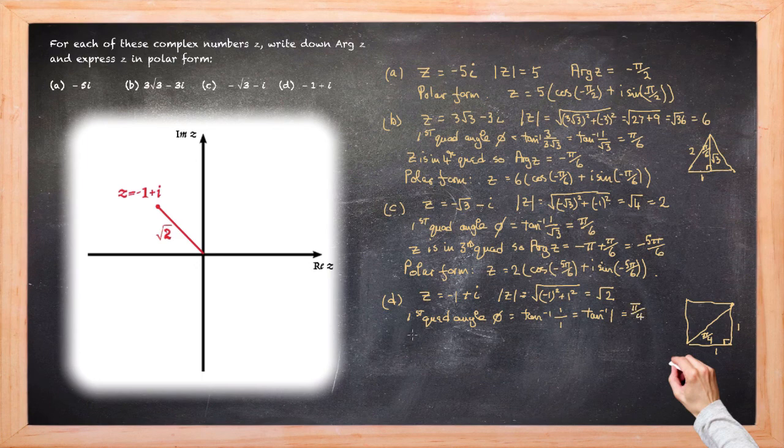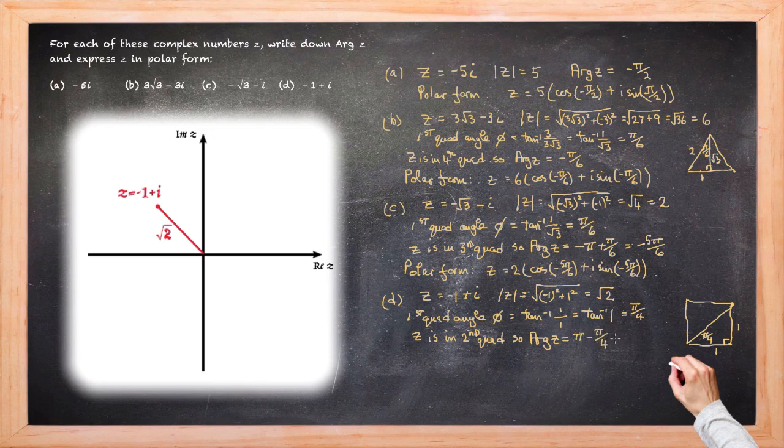Now where is z? It's in the second quadrant. And remember, to get the principal value of the argument in the second quadrant we go all the way around to pi and then come back. So subtract the first quadrant angle. So arg z is pi minus pi upon 4.